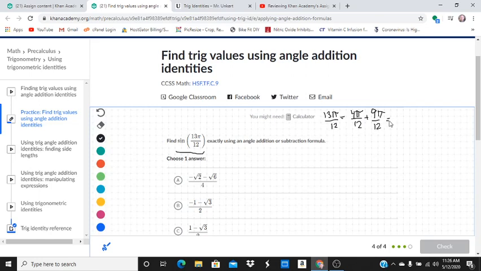Now 4 pi twelfths is pi thirds, and 9 pi twelfths is 3 pi fourths.